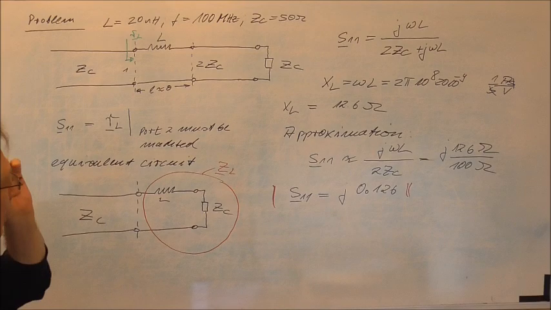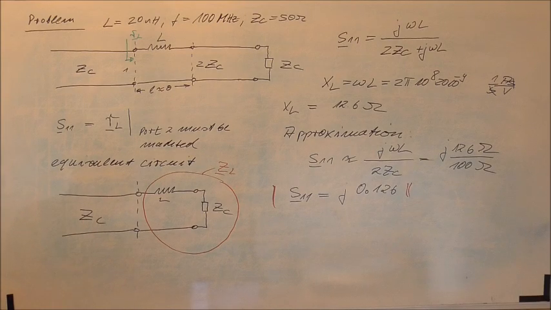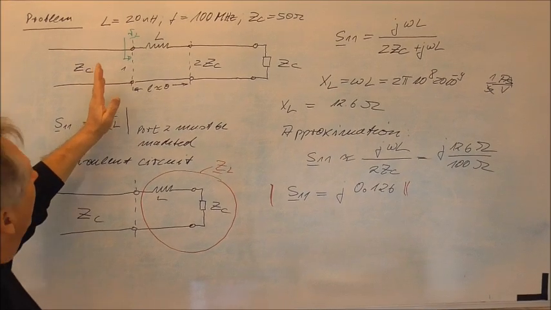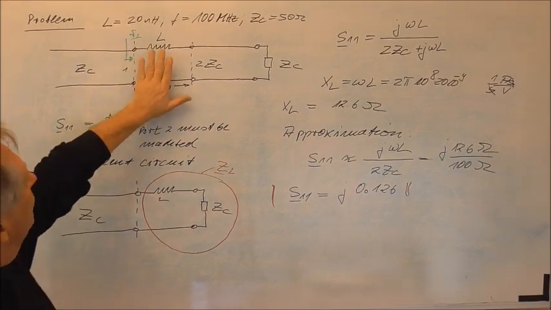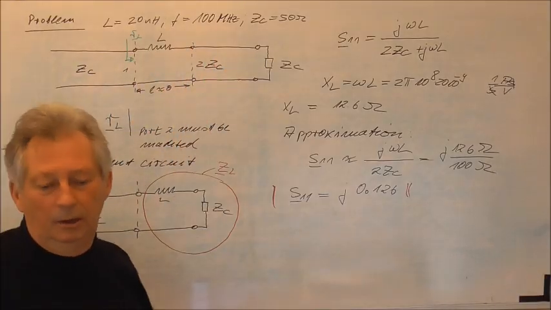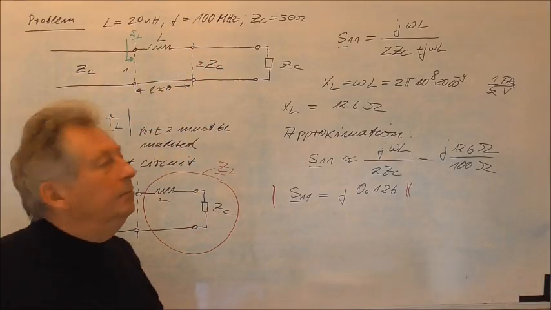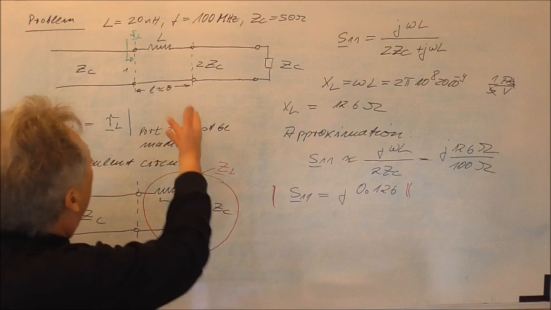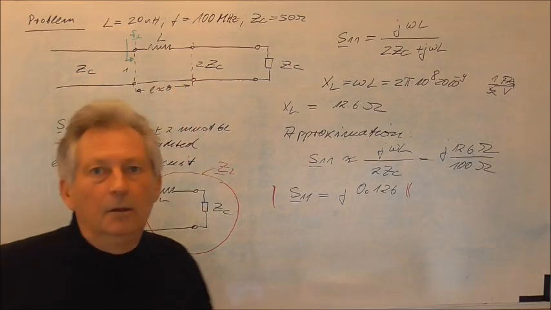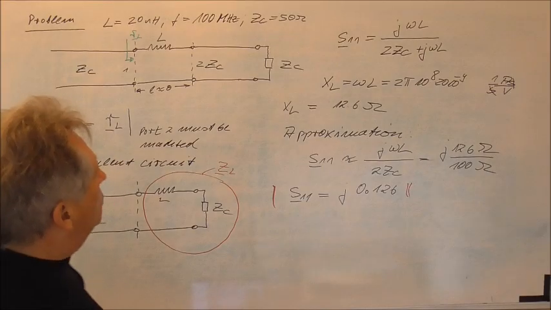Then I can go on with the next step. You see that we can interchange port 1 and port 2 here without changing the network. If I say this is port 2 and this is port 1, the network does not change.